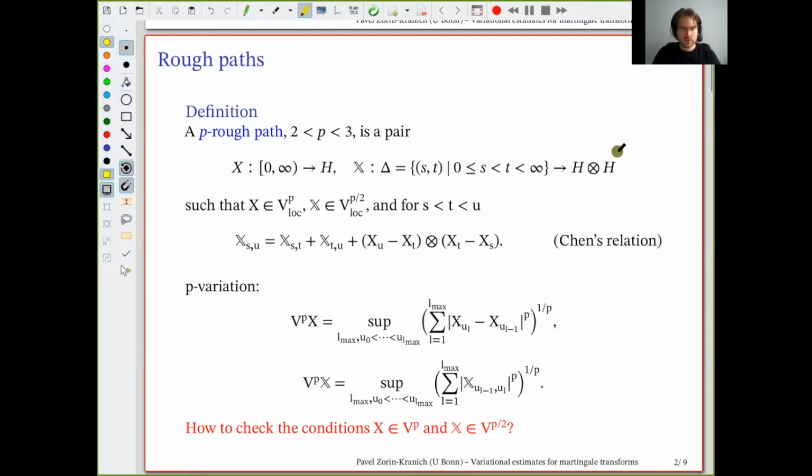So this is at the level of martingale rough paths, so I view them as a pair of a process X and an area term, blackboard bold X. And they are always assumed to satisfy Chen's relation and so on. And this is just to recall the definition of the p-variation.